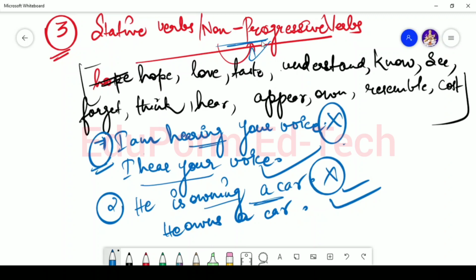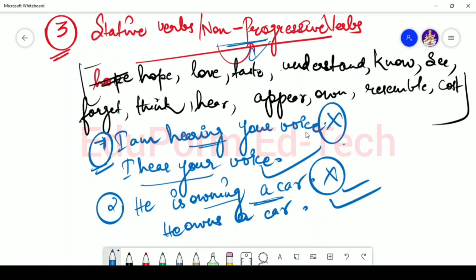tense. So always remember, because questions will be asked to you, that they will either ask you to fill in the blanks with the correct or the suitable form of the verb, or in the next type of question they can ask you to choose out of the correct options, okay.